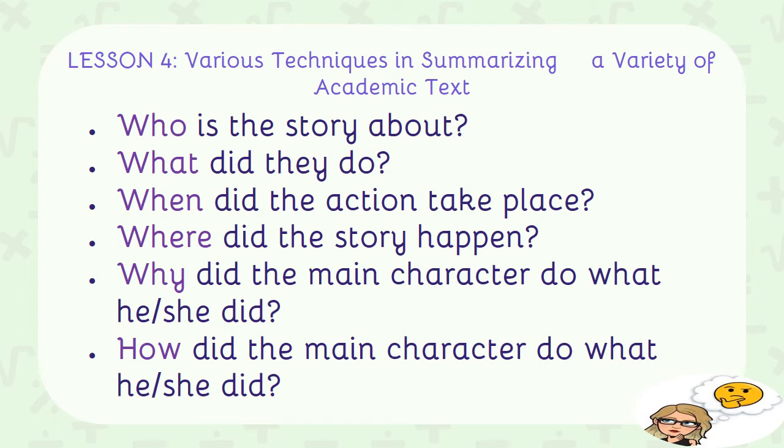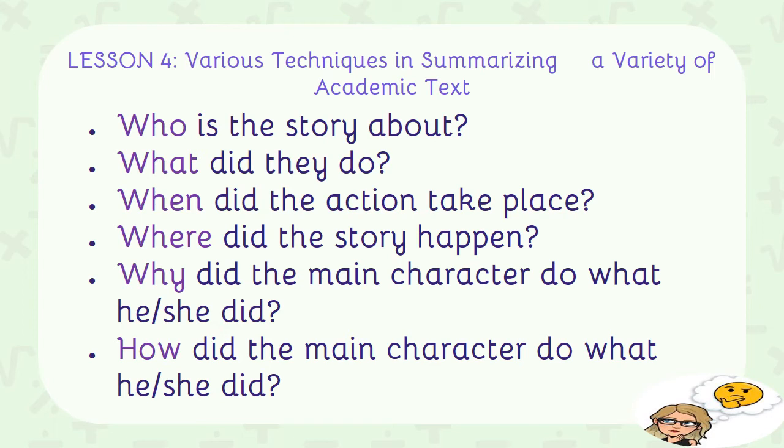Who is the story about? What did they do? When did the action take place? So, dito sa when, syempre, yung time yung tinutukoy natin. And where did the story happen? Saan? Or ano yung place or yung lugar ng pinangyarihan nung action or nung storya. And then, why did the main character do what he or she did?